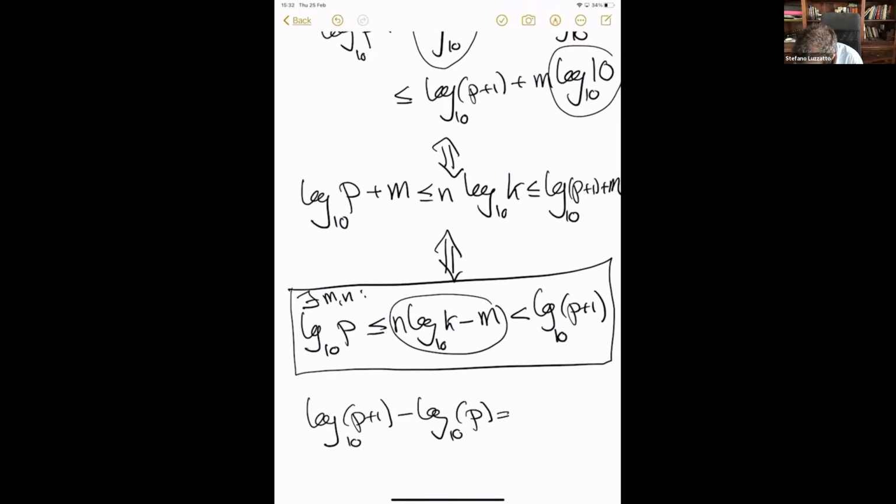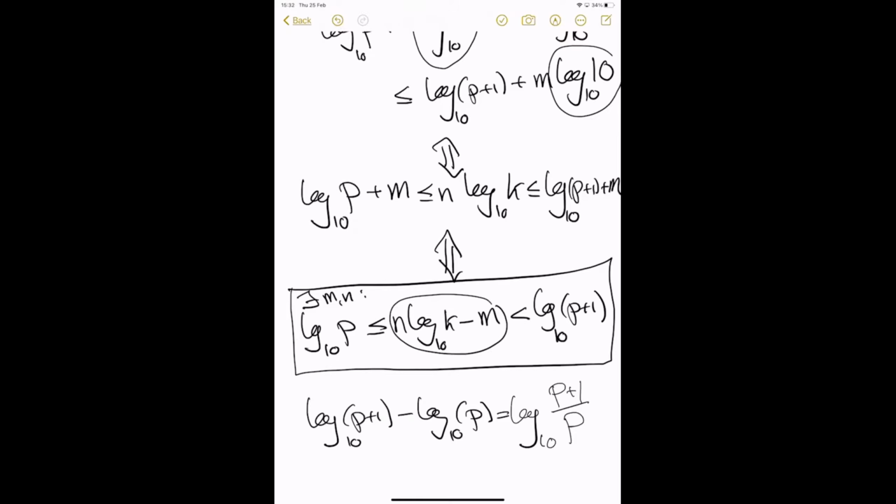So this is the difference of logs. We can write log base 10 of (p plus 1) over p, asymptotically equal to 1 over p with some coefficients. Well, (p plus 1) over p asymptotically goes to 1, so the log goes to zero.